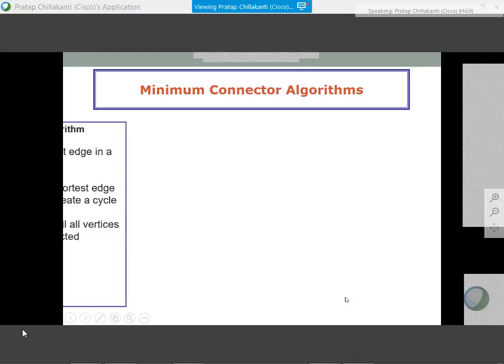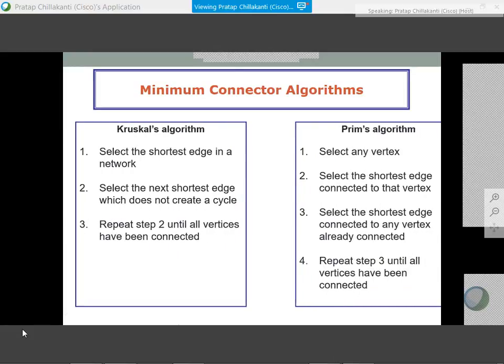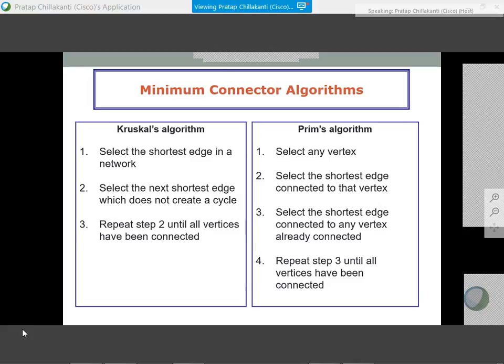Okay. That is Kruskal. Now this is Prim. Side by side. In Kruskal, you started off with an edge. In Prim, you're starting off with a vertex. Big difference, right? One is taking the shortest edge. The other one is taking any vertex connected to that vertex.